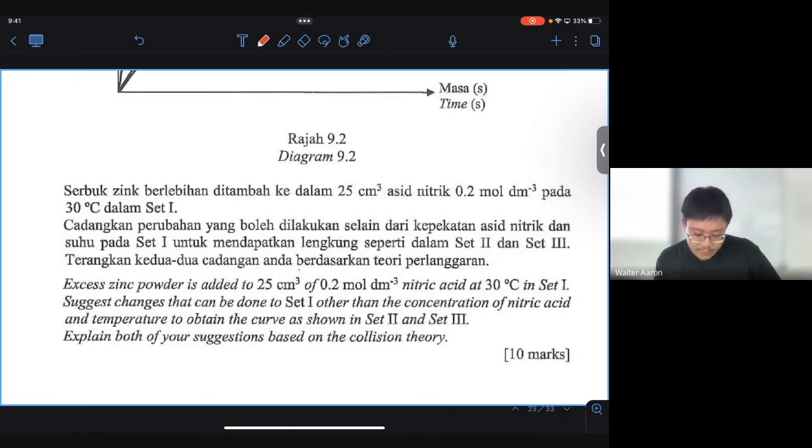Okay, very simple. Just to break down what this question is trying to say, it says here that you add excess zinc powder into this nitric acid at 30 degrees Celsius. They ask you to change something about set 1, other than the concentration and also temperature, so that you'll be able to get either a higher or lower rate of reaction.